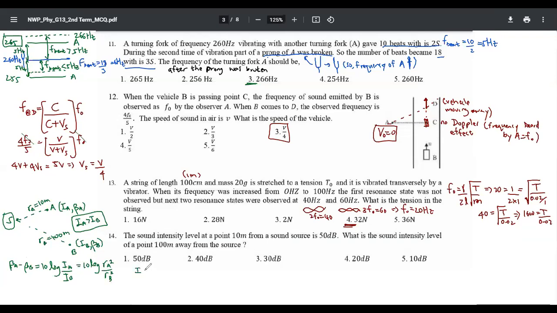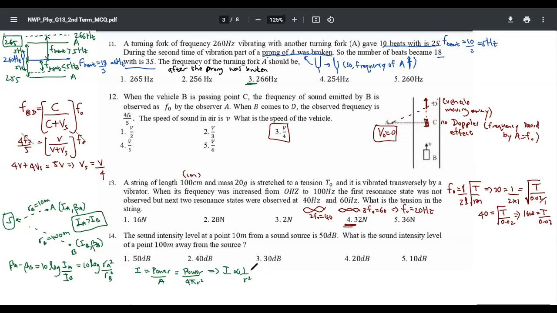Why is that? Because I is equal to power over area from a point source, and for area you can put 4 pi r square. That will give you intensity. Sound intensity is proportional to 1 over r square.